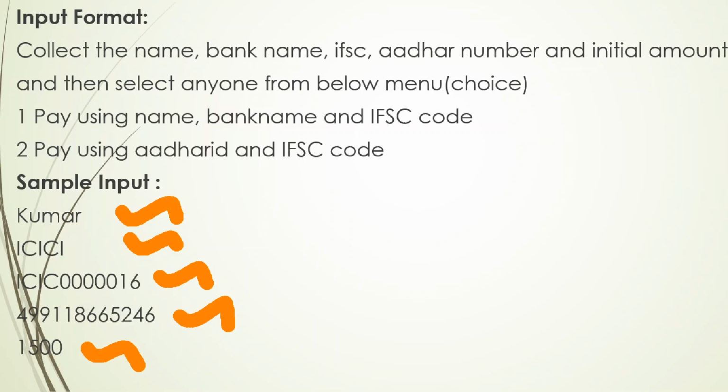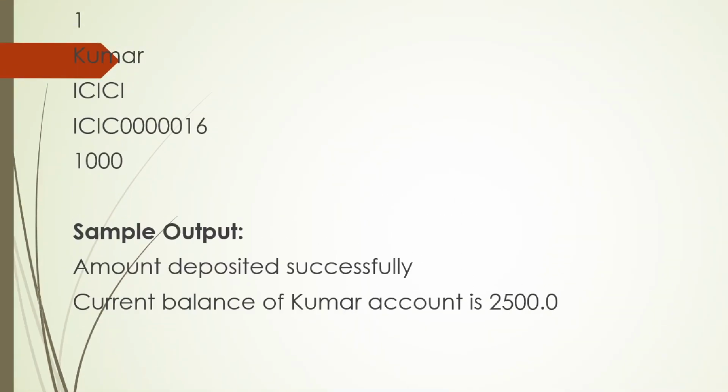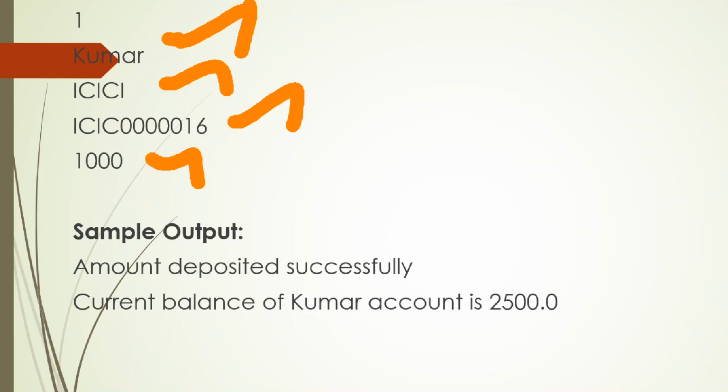For example, if the user chooses option 1, pay using name, bank name and IFSC. The user has chosen option 1. So name, bank name, IFSC. These three details get matched with the payee object. Then I just need to update the amount.